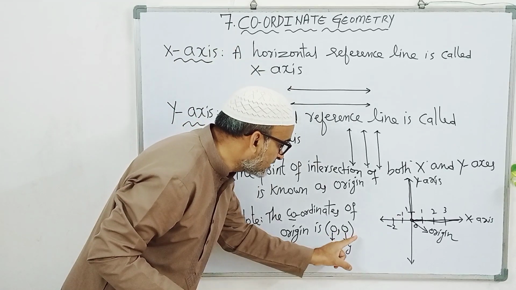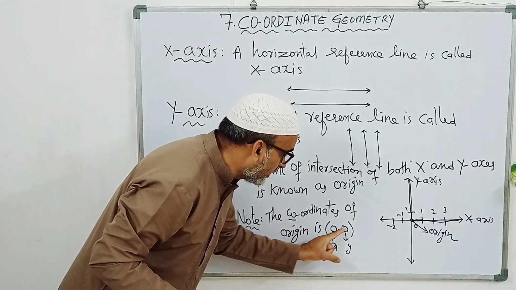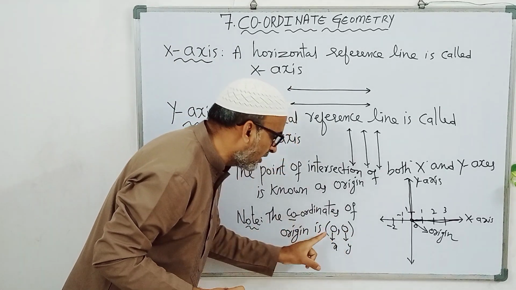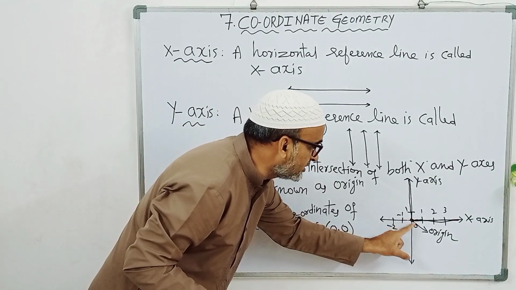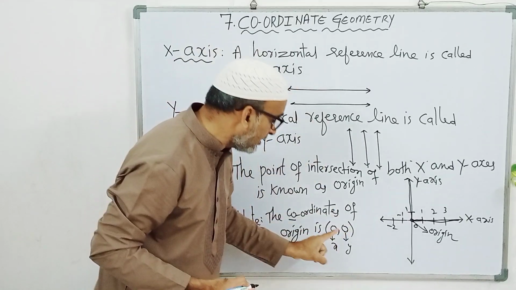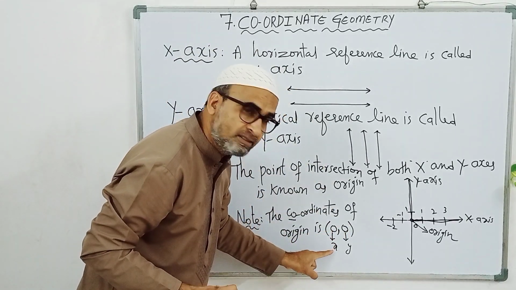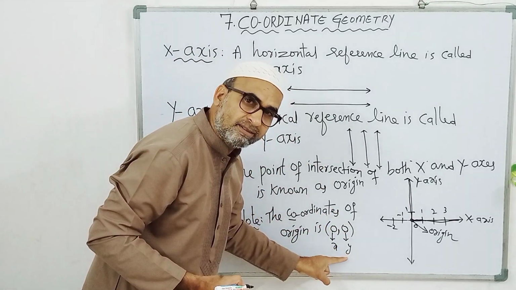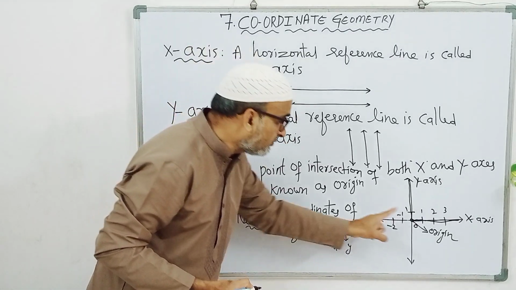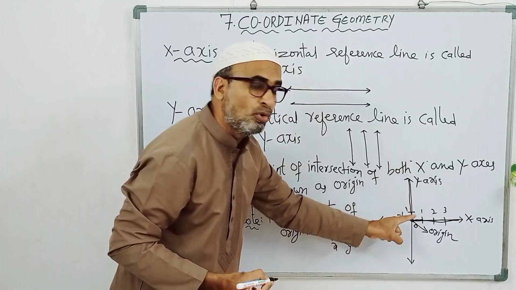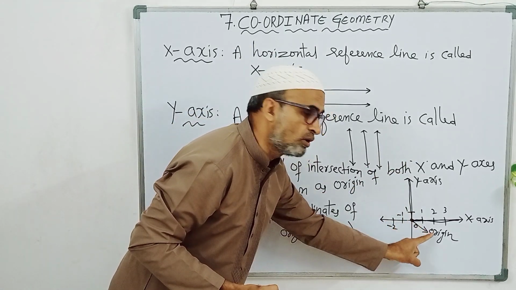If you close these 2 elements separated by comma and enclosed in parenthesis, this is called the origin's point. This point belongs to x-axis, this point belongs to y-axis. The starting point of x-axis is 0. The starting point of y is also 0. That's why this point is called origin.